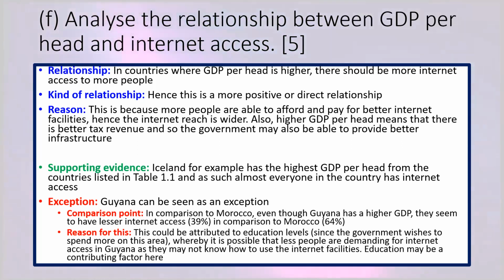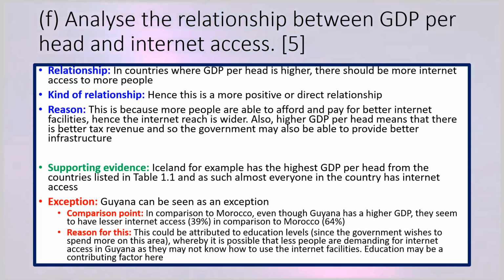Why is this the case? A couple of reasons. It could be because people have the money to pay for better internet facilities, so you have a wider internet reach. More people are able to afford the services. The other thing is that in the text they kept saying the government may invest in infrastructure, in better internet.